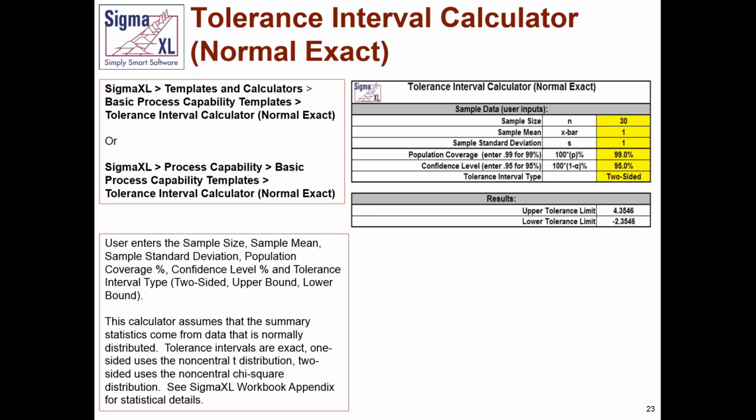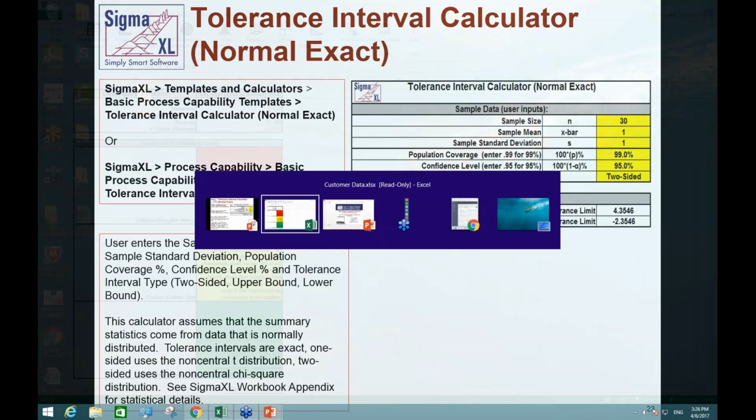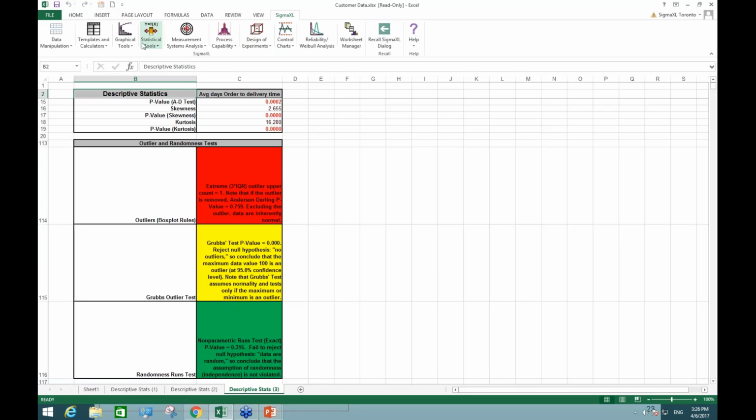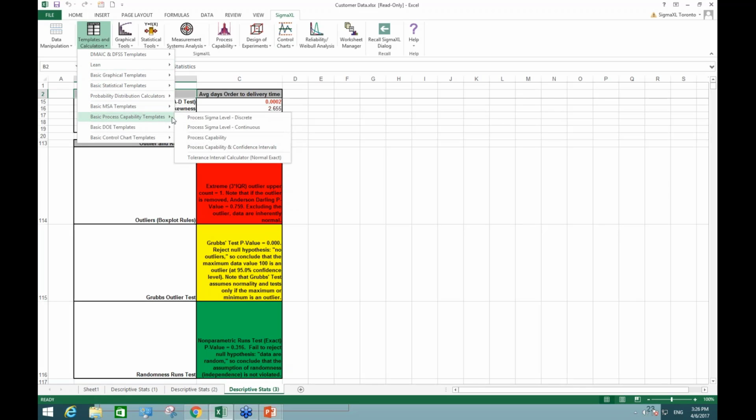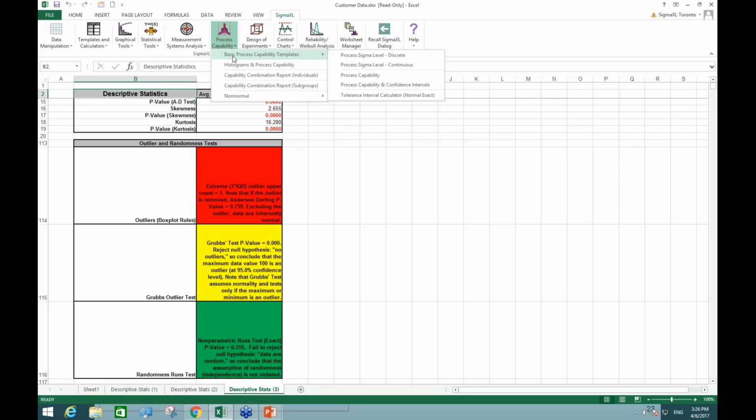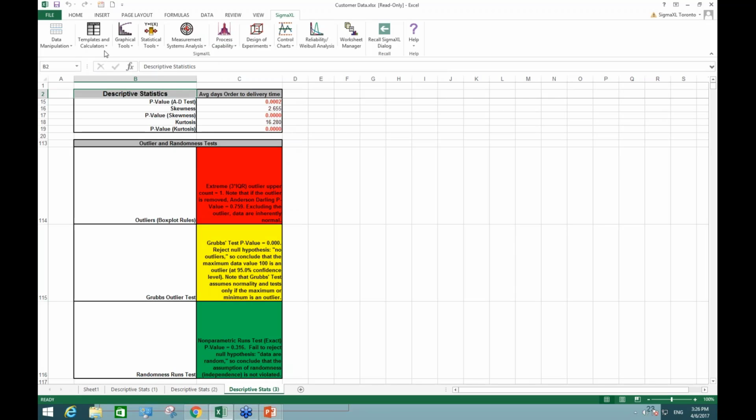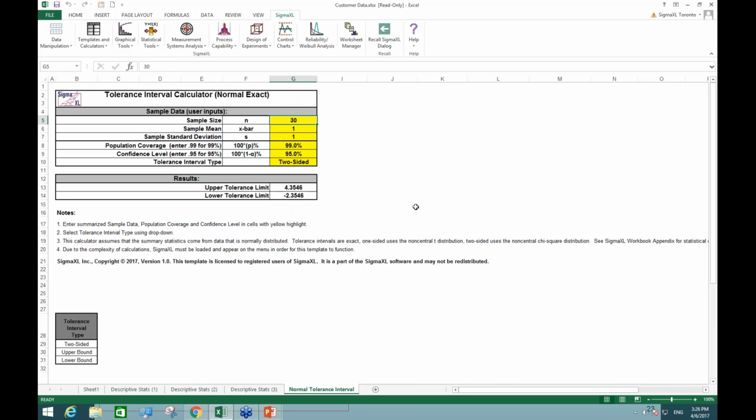Now, the normal tolerance interval, let me switch over here because I want to demonstrate that. So that is available under templates and calculators under basic process capability templates. Or if you go to process capability, basic process capability templates, either location gets you to the new tolerance interval calculator.